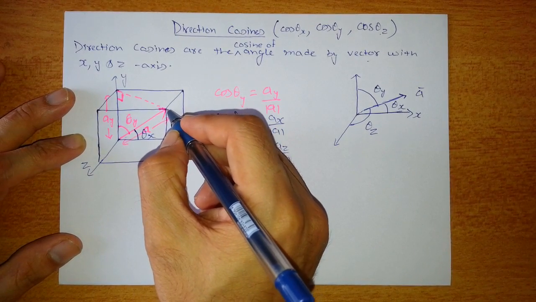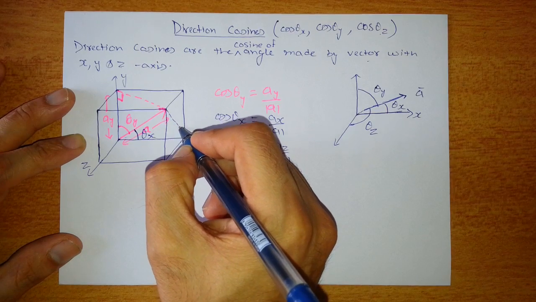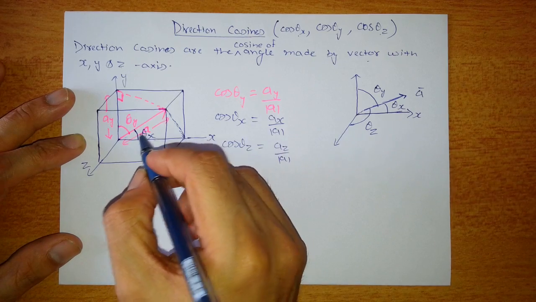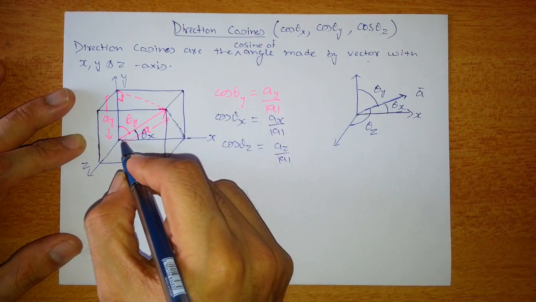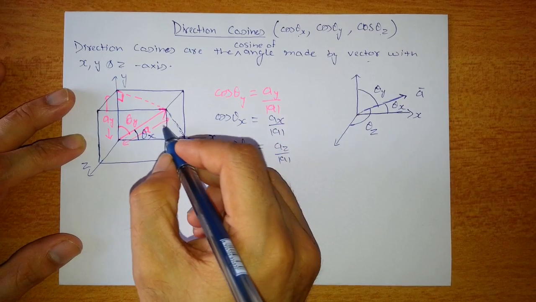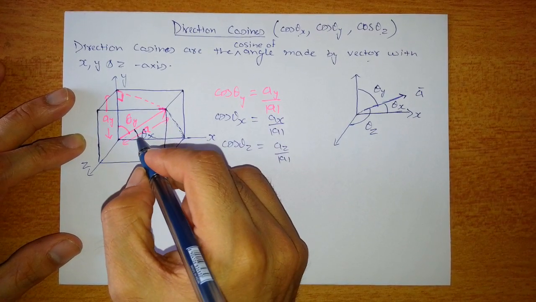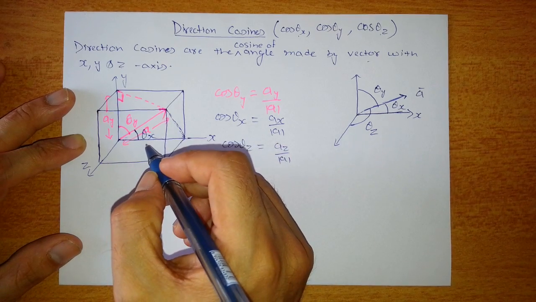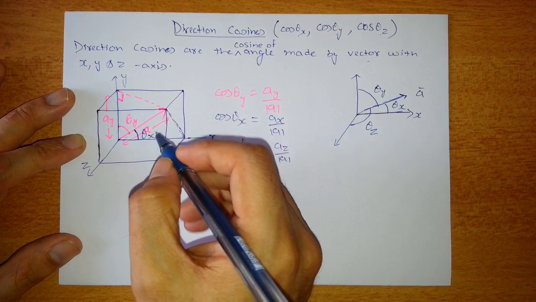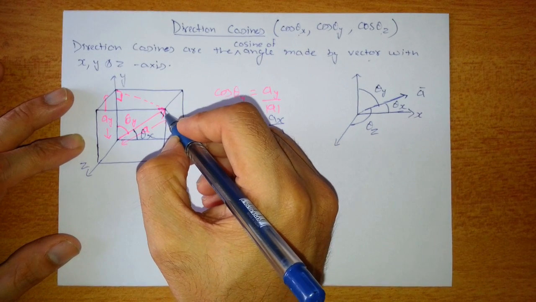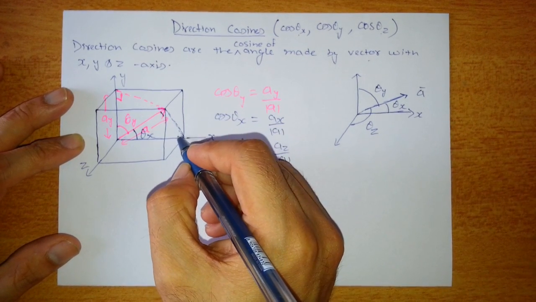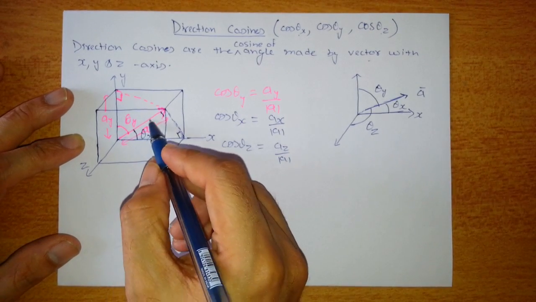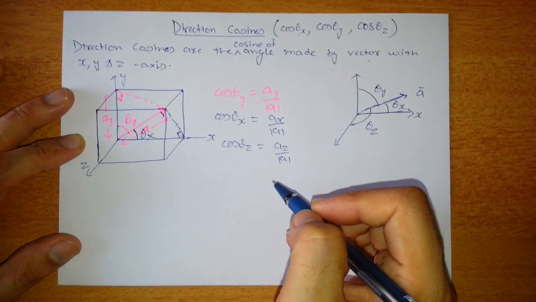We have to go by this triangle, and this will be the base, this will be the hypotenuse, with the right angle at this point. So base upon hypotenuse, again ax by magnitude of a.